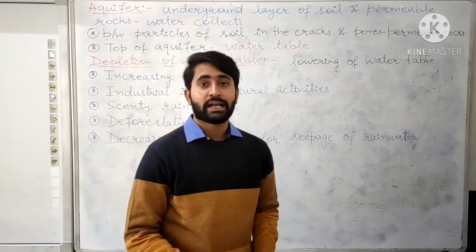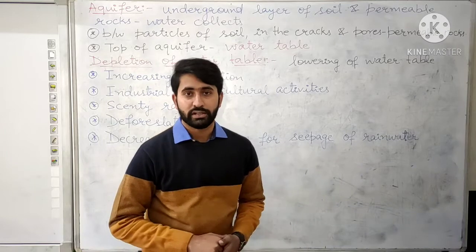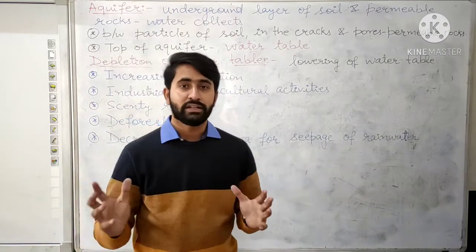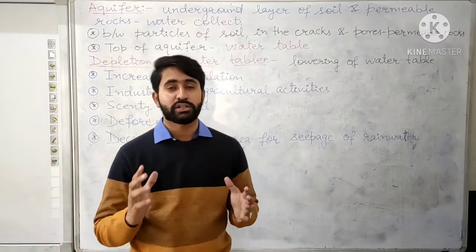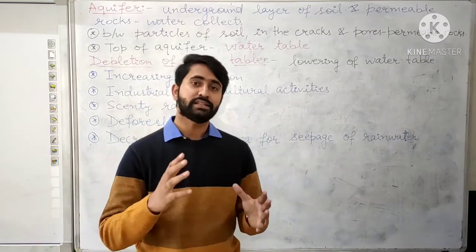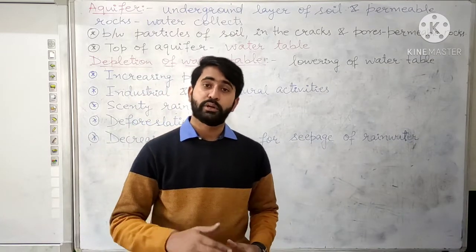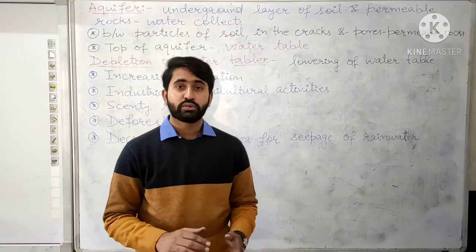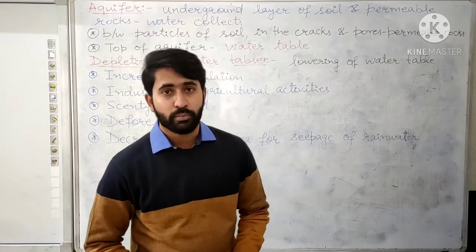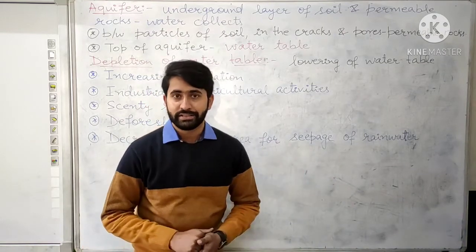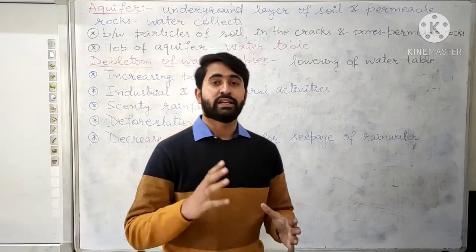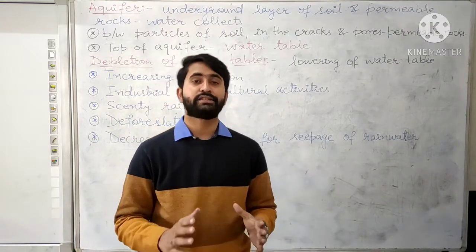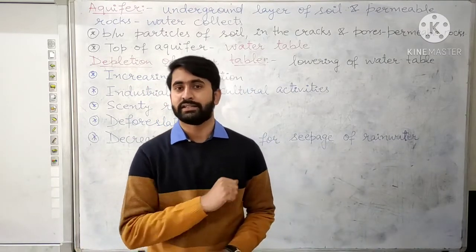Industries produce a large number of products which we need in our daily life, and the production of these things needs water. As the population is increasing, the demand for industrial products is also increasing, due to which the number of industries is also increasing continuously.